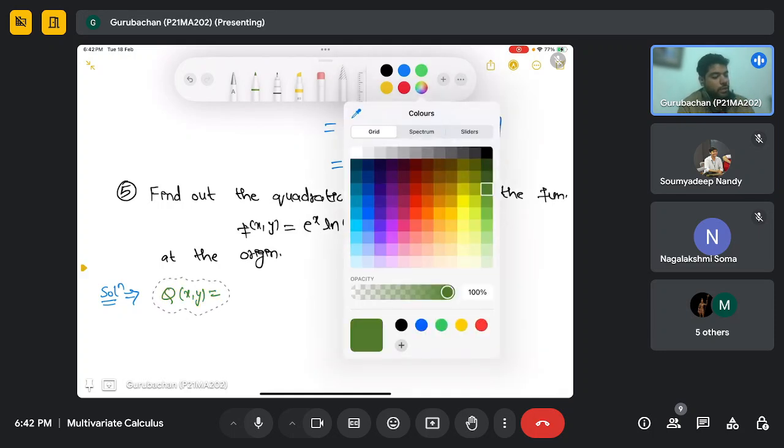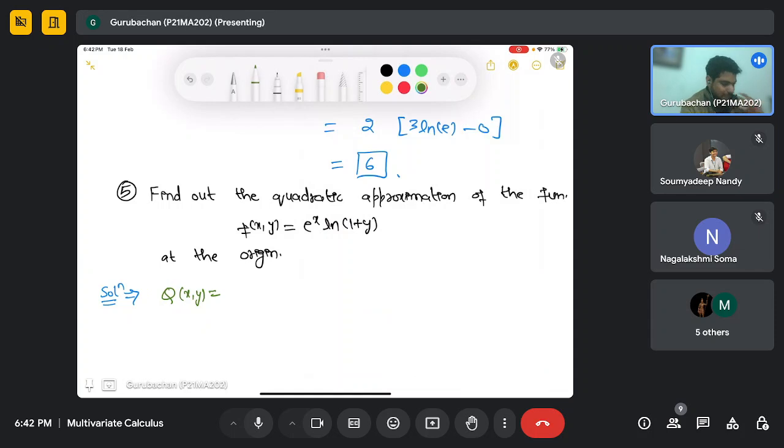So what is Q(x,y)? If we have to do quadratic approximation of some function f at some point (x naught, y naught), it is equal to f(x naught, y naught).